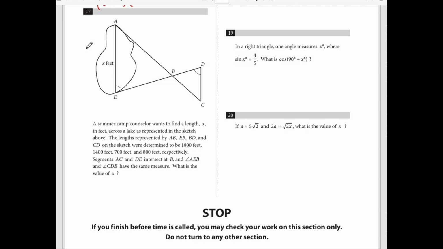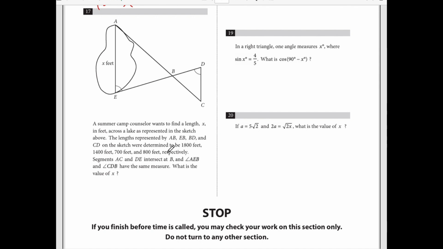Okay, question number 17. They have given a sketch and they have given some values for lengths represented by AB, EB, BD and CD.